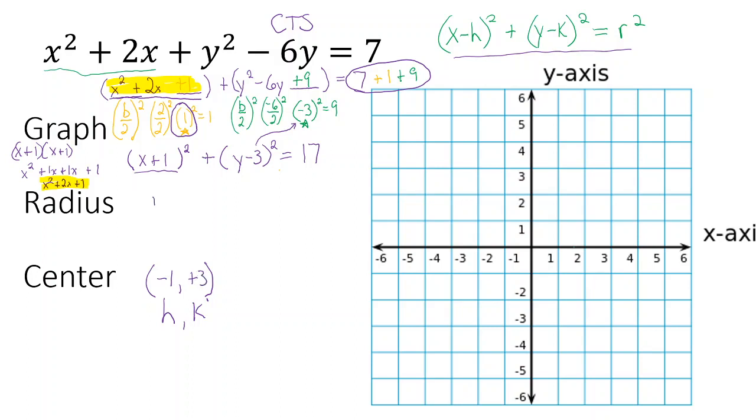And my radius squared is 17. I know that's not a nice value. I was just thinking to myself it would have been so much better if at the beginning of the equation I had started with a 6, but this is okay. My radius is the square root of 17.